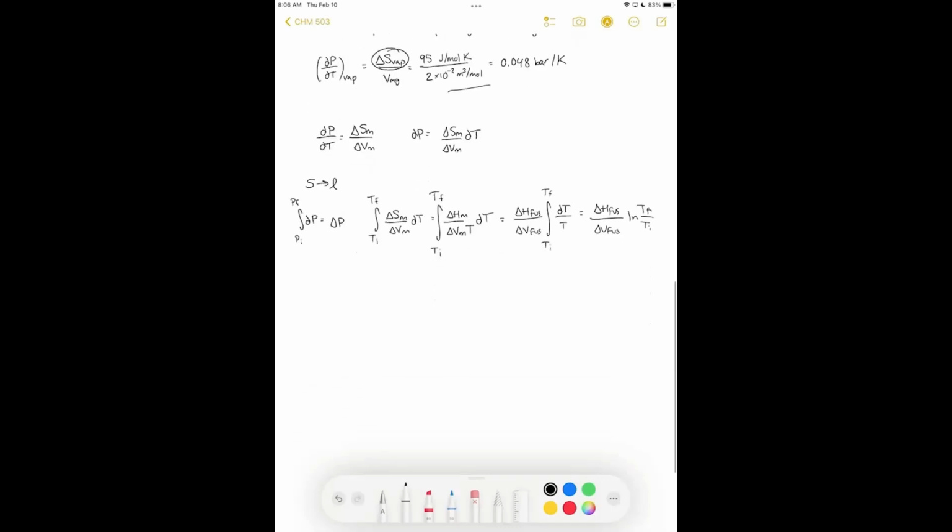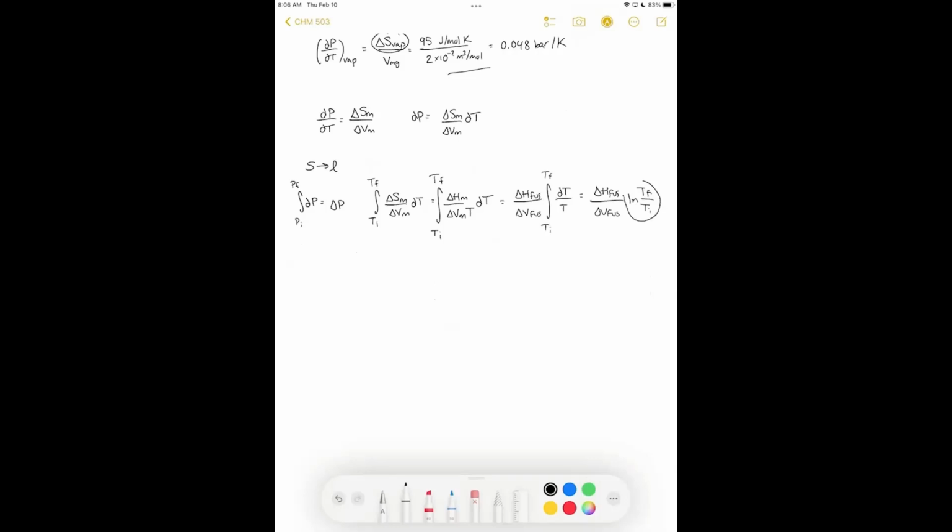So what we can do is relate this natural log term. We can say that the natural log of T final over T initial is equal to the natural log of Ti plus delta T over Ti. And so, of course, this is true. Delta T is T final minus T initial. And then we can say that this is equal to the natural log of 1 plus delta T over Ti.